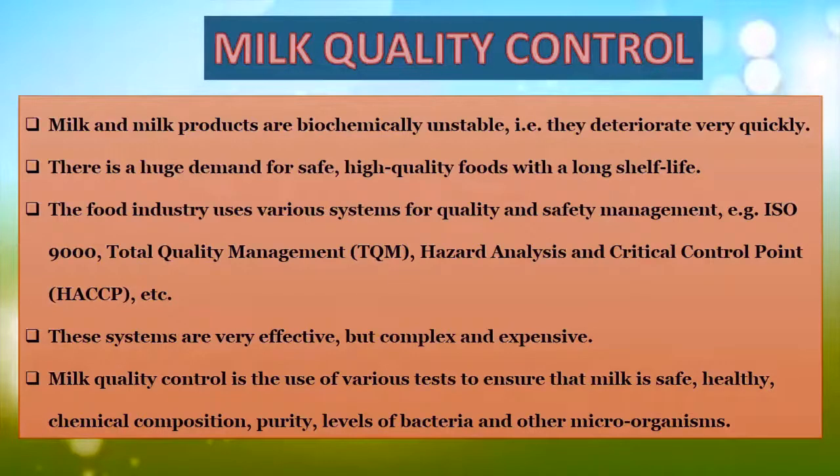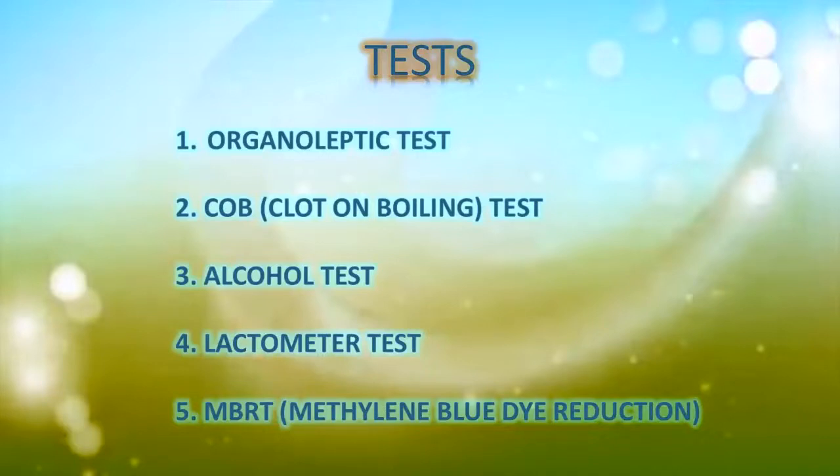Next, coming to the slide number 3, it's about the tests to determine the quality of milk. Some of the tests are indicated. First, tests like color, smelling, tasting, clot on boiling, and alcohol test can be done on the farm as well as at the milk collection center.